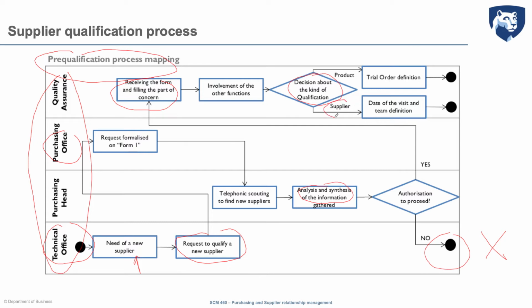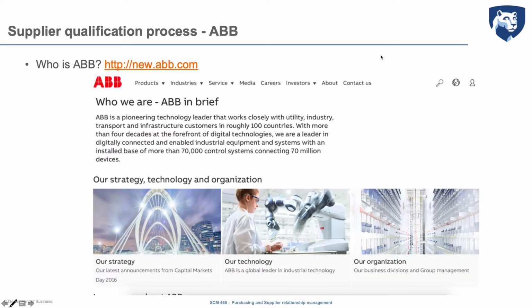In particular, if the supplier is suitable to be part of the supply base of the company and to receive a future order, it is called a supplier qualification. Instead, a supplier that is recognizable and strong enough to have a product qualified, of course, we will ask for a trial order and we will evaluate the type of product that it will be able to provide to the company.